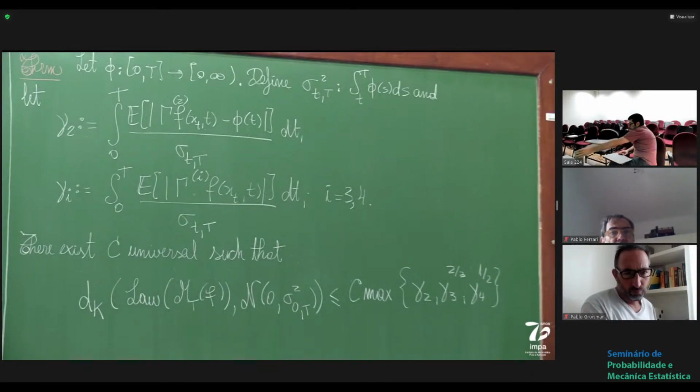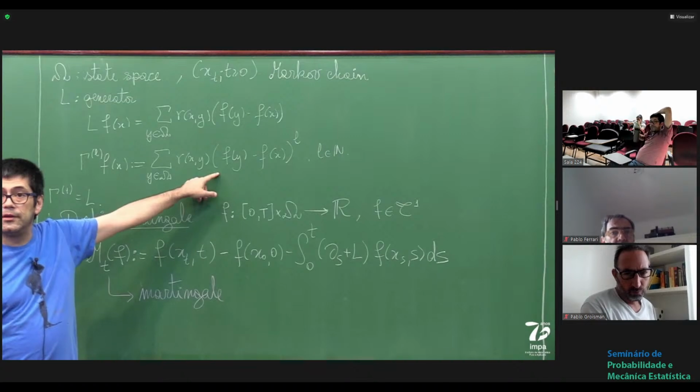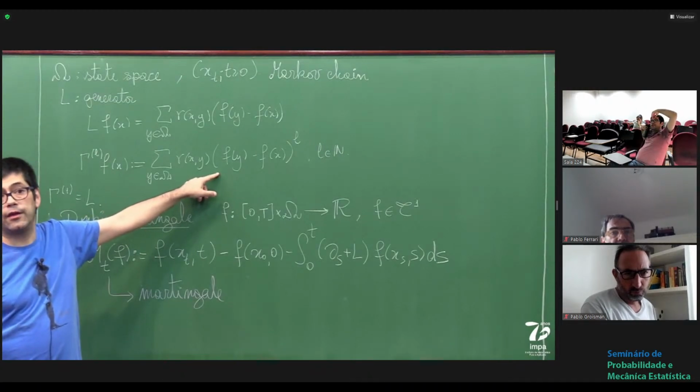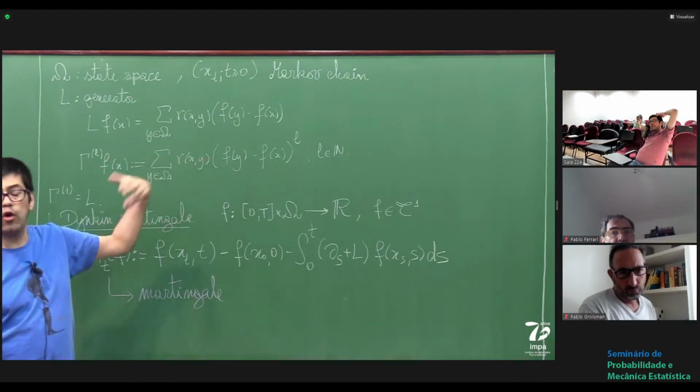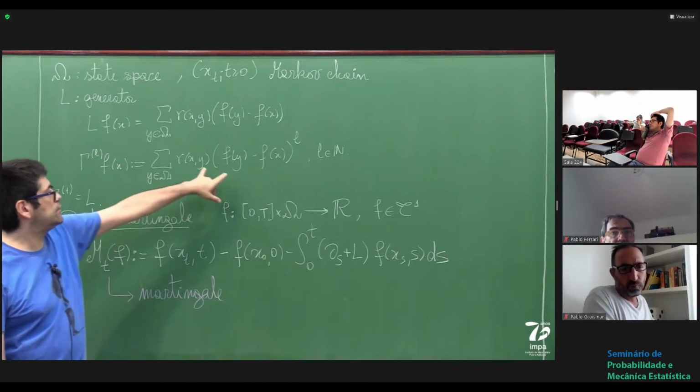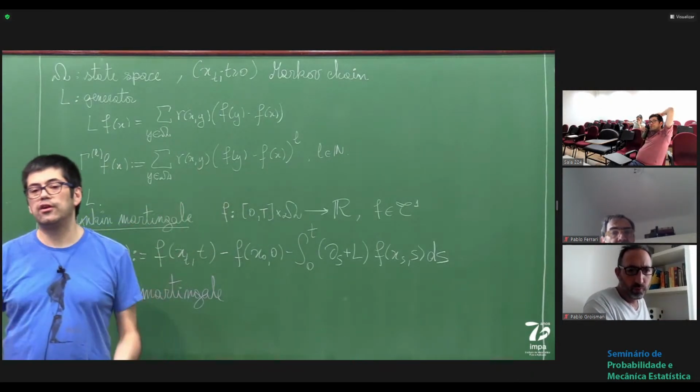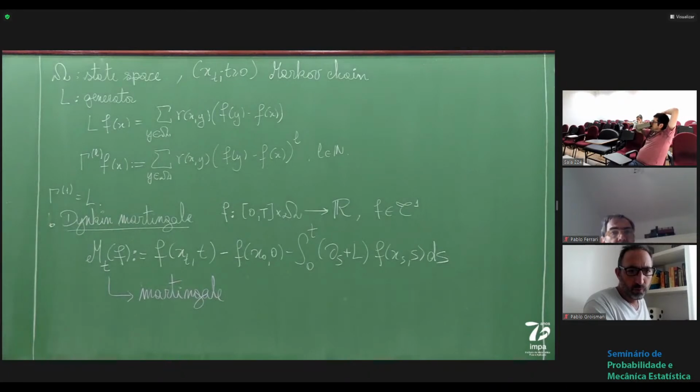In general, you expect to have cancellations here. When you go to gamma 4, you see that this is already positive, so there are no cancellations. Those cancellations are important if you want to get sharp bounds.